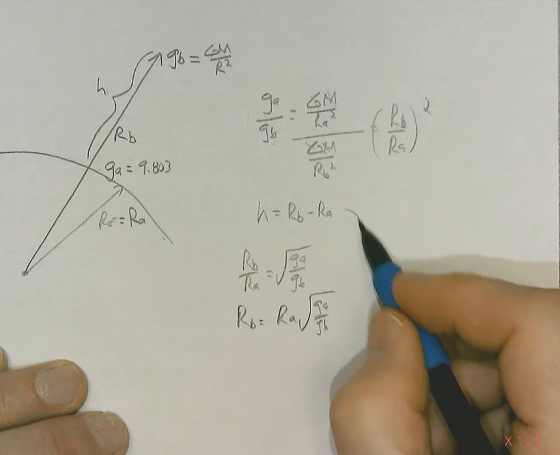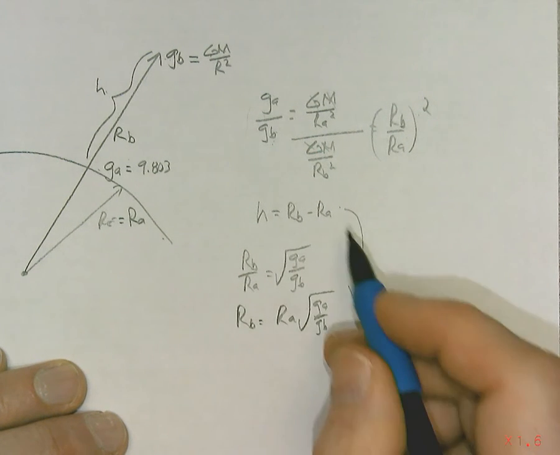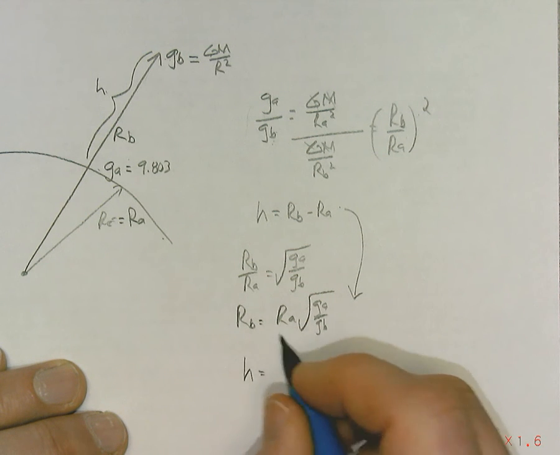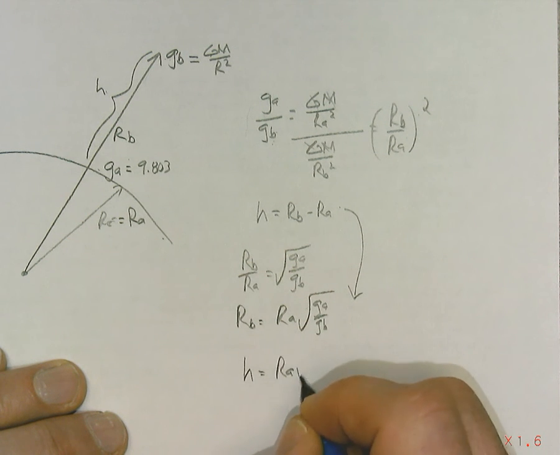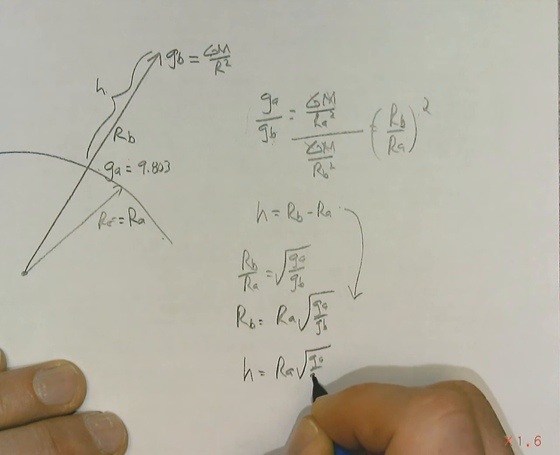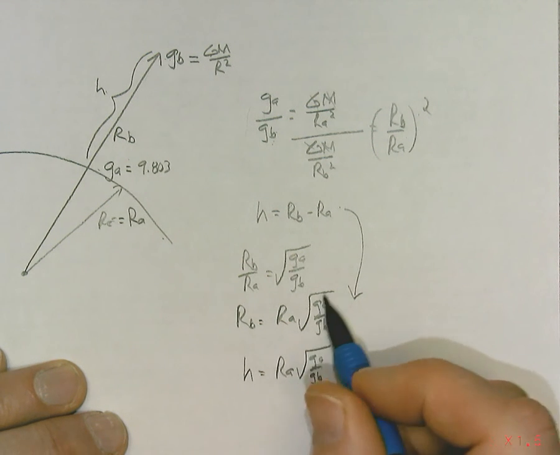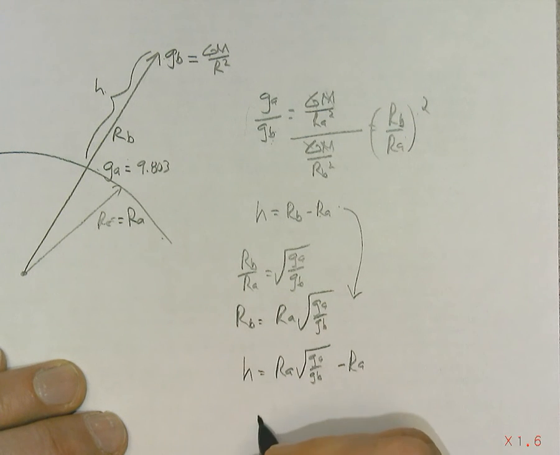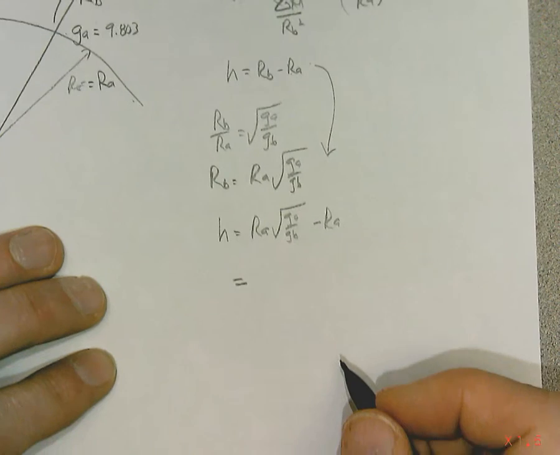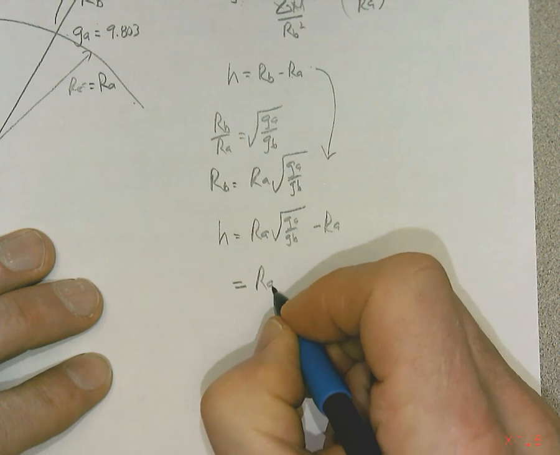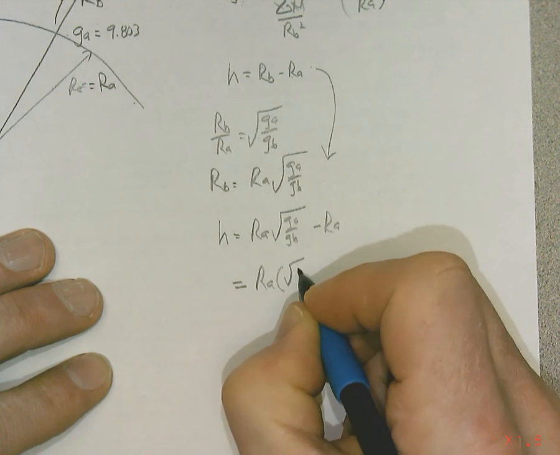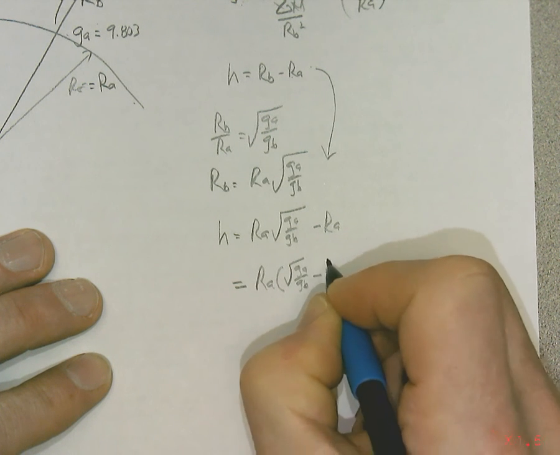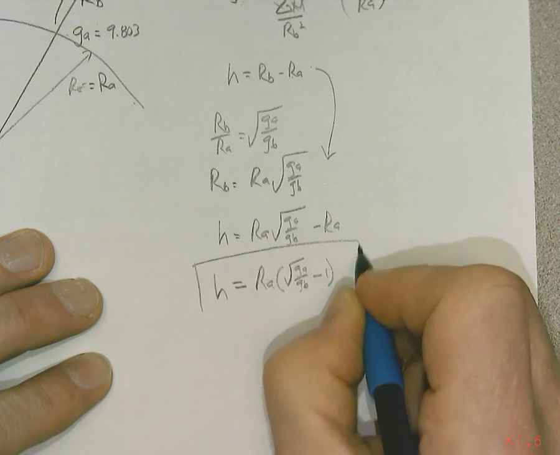And now bring this idea down, the fact that h is R_B minus R_A, and you get h is equal to R_A times the square root of g_A over g_B, minus R_A. That's just simply equal to R_A factors out, square root of g_A over g_B, minus 1. That's your h. There it is.